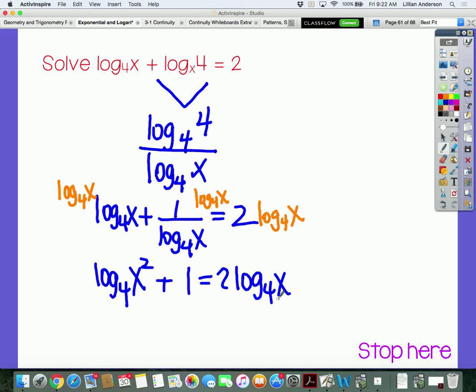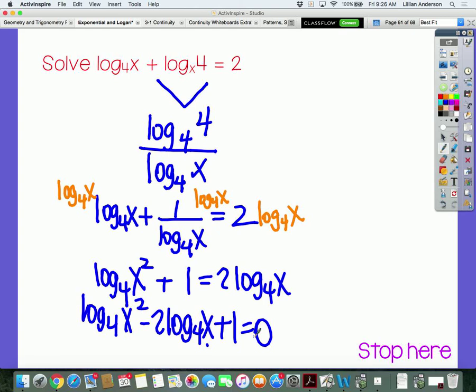Not subtract, but what we can actually do is, this is actually already a quadratic equation. If I bring over the 2 log base 4 of x, plus 1, I have what looks almost like a quadratic. I just have a few logs attached to it.